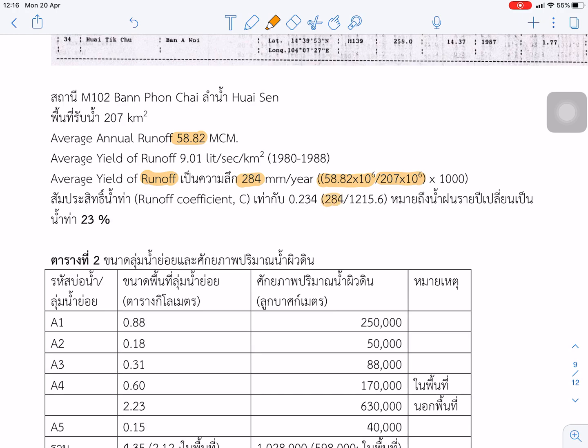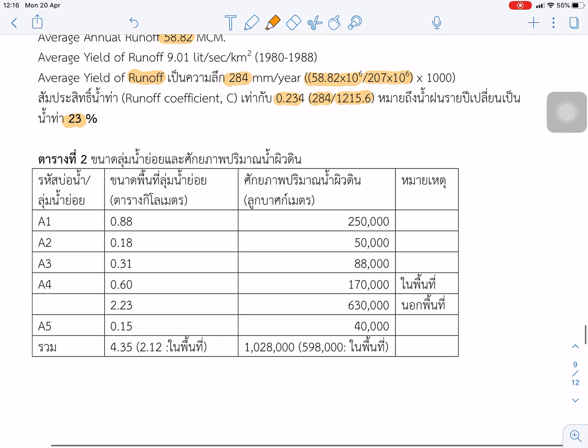We divide it by rainfall, so we get what we call the runoff coefficient, the factor that rainfall converts to runoff, which is about 23%. So the other part is infiltration and evaporation, which is difficult to measure. So now we know that rainfall converts to runoff at just about 23%. We can use this ratio to find the runoff in our target area.